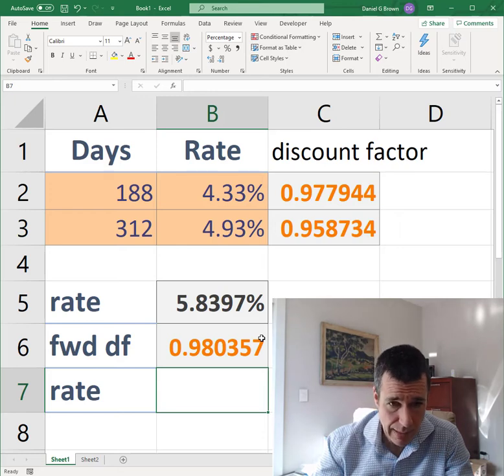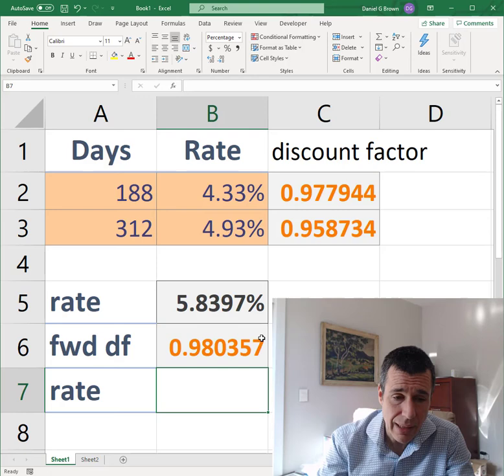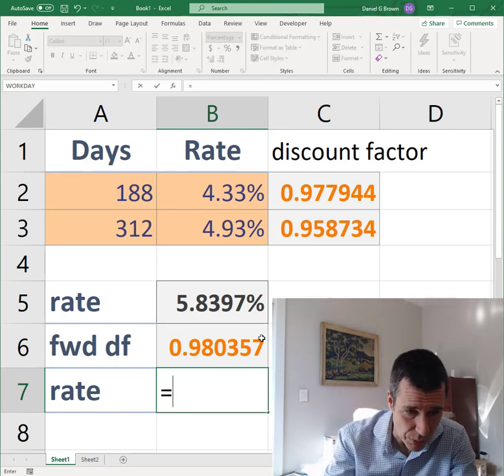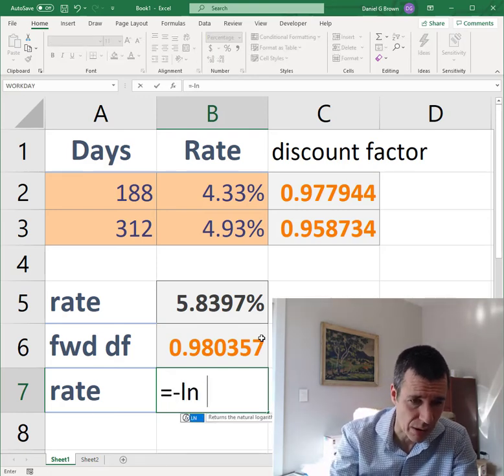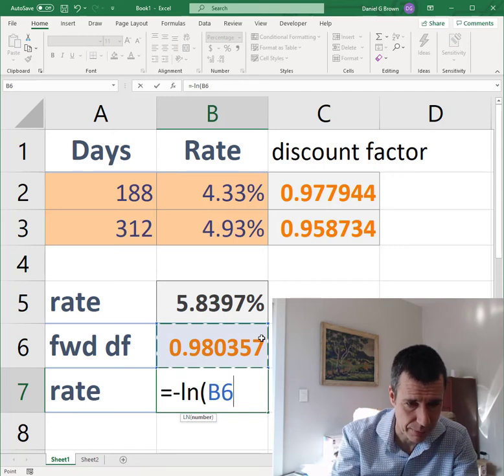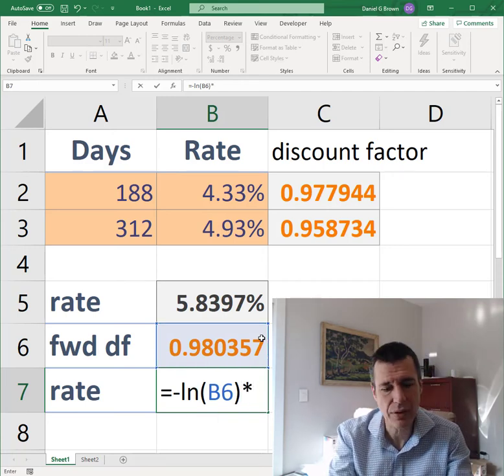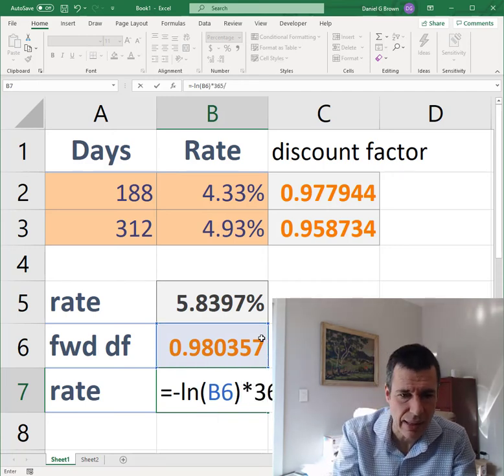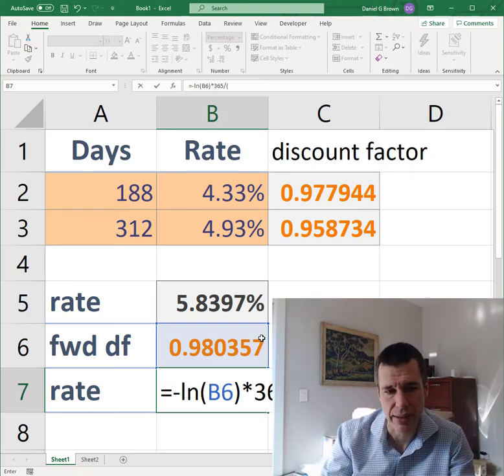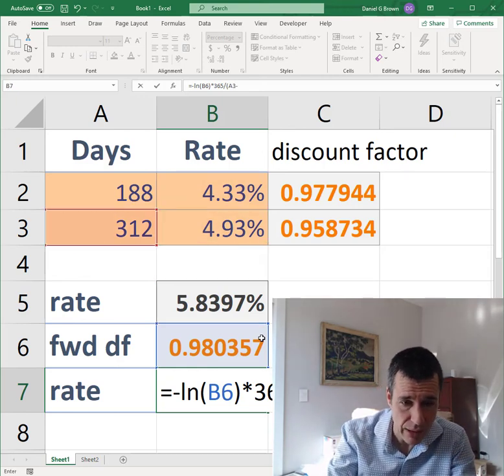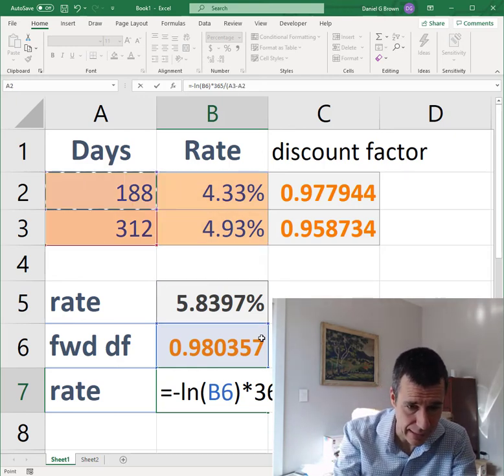We know the discount factor is e to the minus RT. To find the rate, we have to take the natural log and do a little bit of work, and we get that the rate is equal to negative natural log of the discount factor times 365 divided by the number of days. This rate is valid between 188 and 312 days, so we have to do 312 minus 188.